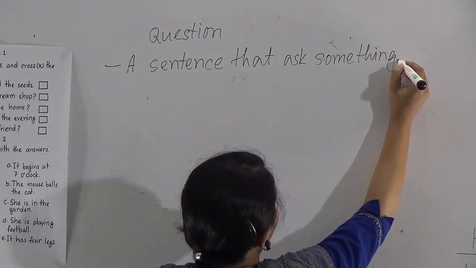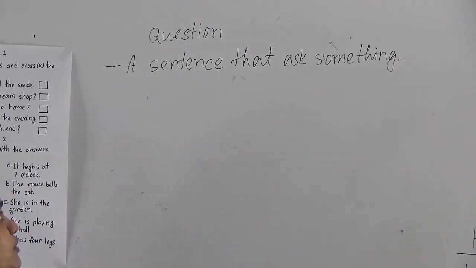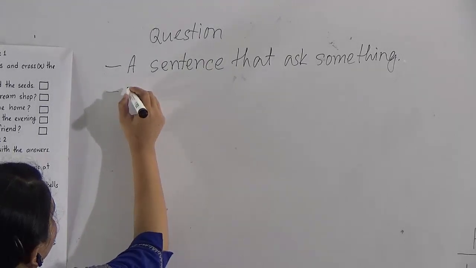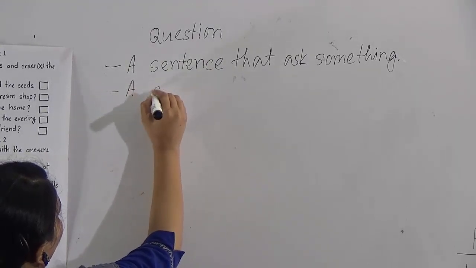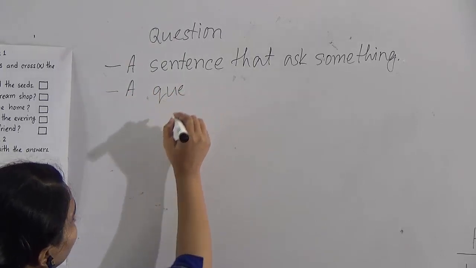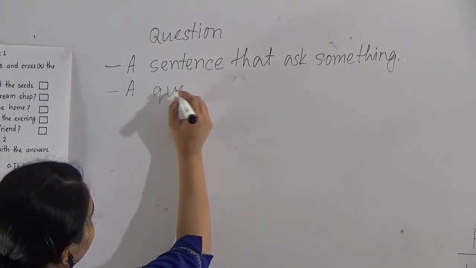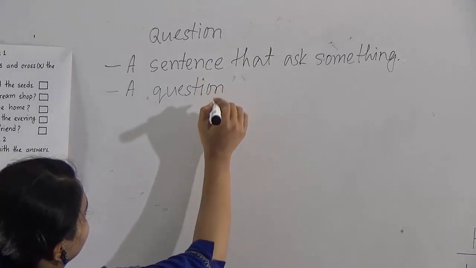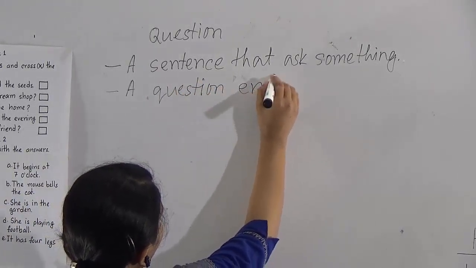And if you want to ask question, if you want to know something, we will ask question, and a question ends with a full stop. Do you know? No. A question ends with a question mark.